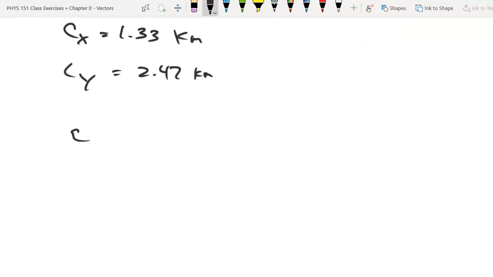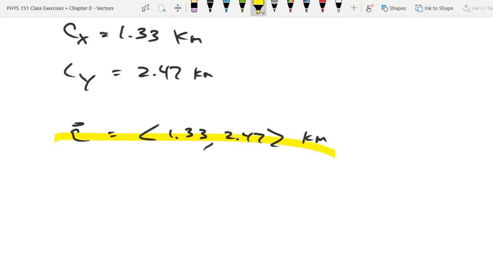Or writing it out in vector notation, vector C is 1.33, 2.47 kilometers. Let me just pause for a second and think, okay, that's going to be going into the first quadrant, right? And the important thing here, it's not where the vector is. Remember, the vector doesn't matter where it is in space, it's only how it travels, right?